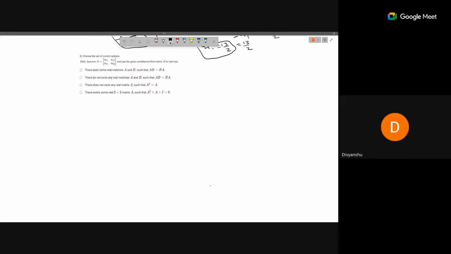Okay, so first option we are checking. There exists some real matrix A and B such that AB equals BA. What is the condition for this?